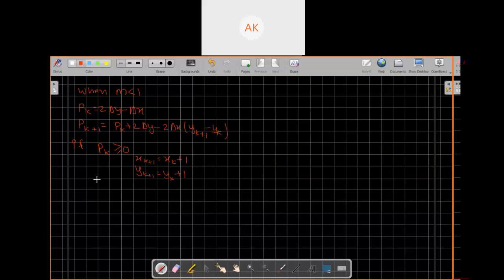And if your pk is less than 0, meaning a negative value, then xk plus 1 will be xk plus 1. Xk is always moving with unit interval when your slope is less than 1, and yk plus 1 will be yk, as we derived this equation when your slope is less than 1.